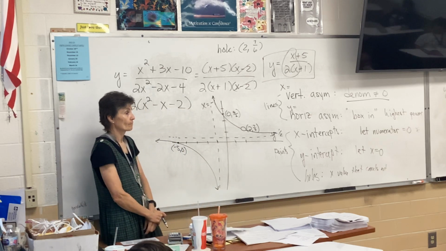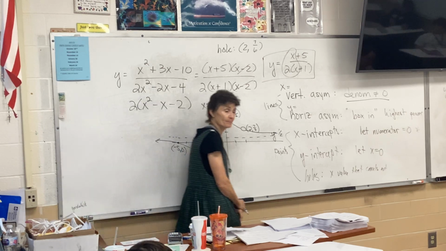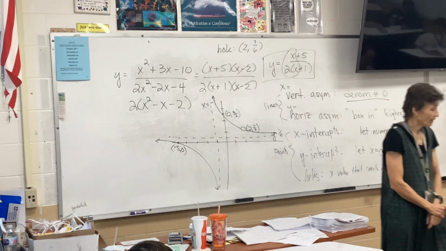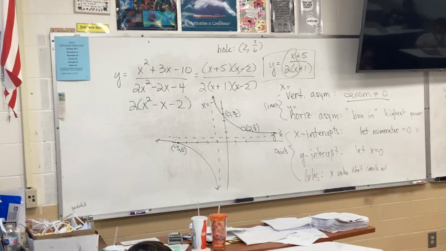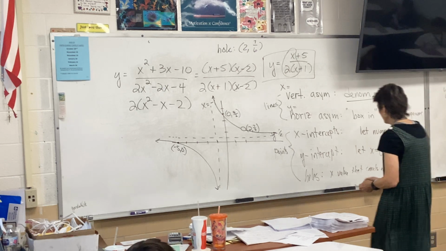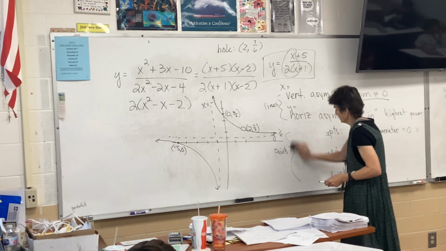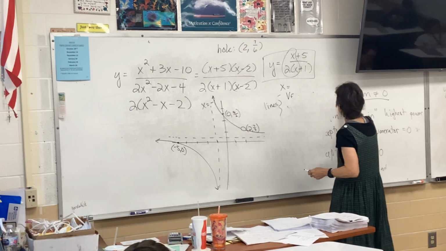Okay, any question about that? All right, let's do the back side of that. We'll practice another one on the back side. I'm going to go ahead and erase this list to give myself a little more room.